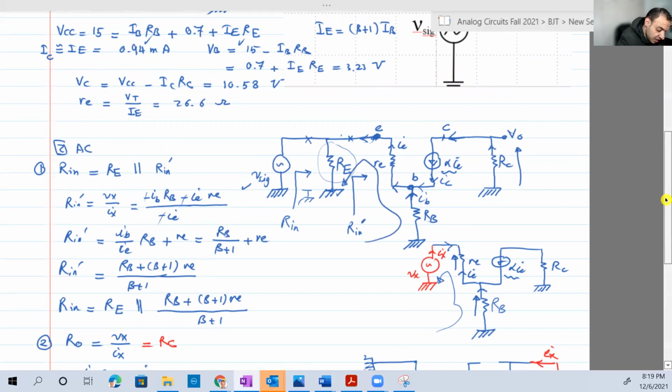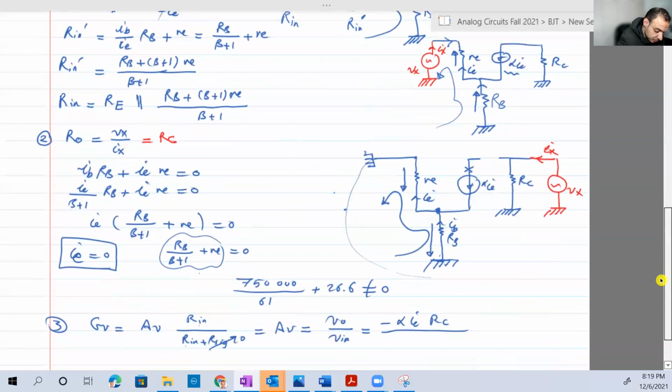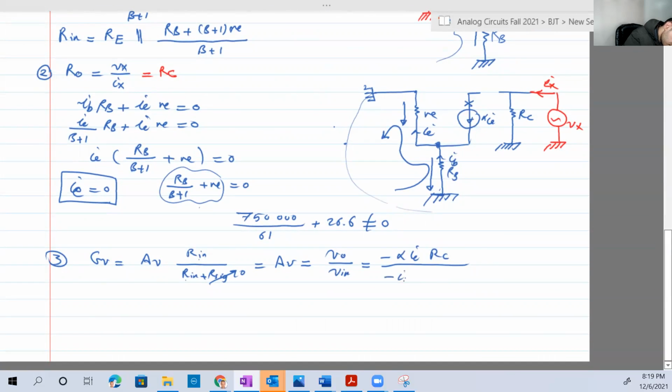The voltage across RE from that loop is equal to minus IB RB plus minus IE small RE small. So the minus signs go away. We can divide by IE small, and you can consider alpha equal to 1. That's not a problem. So this will be RC over IB over IE RB plus RE small.